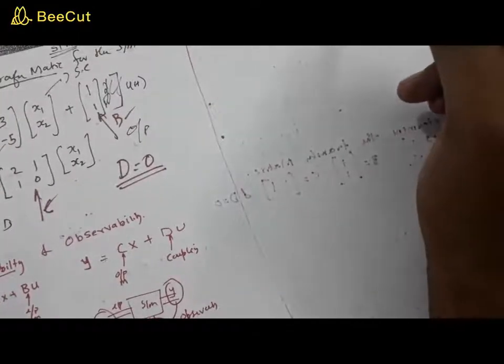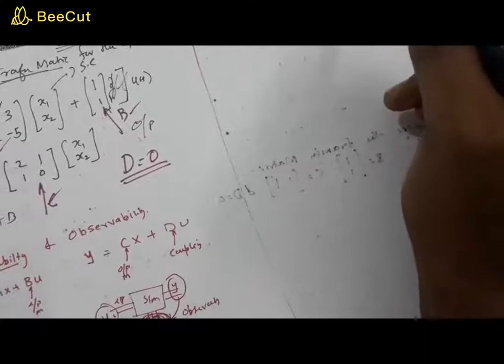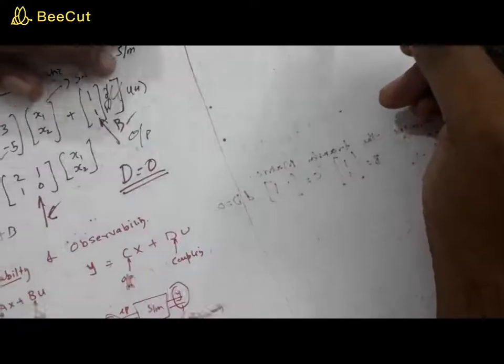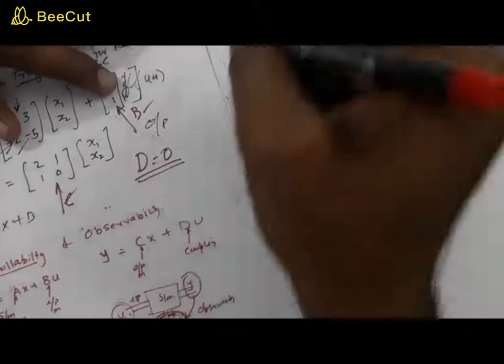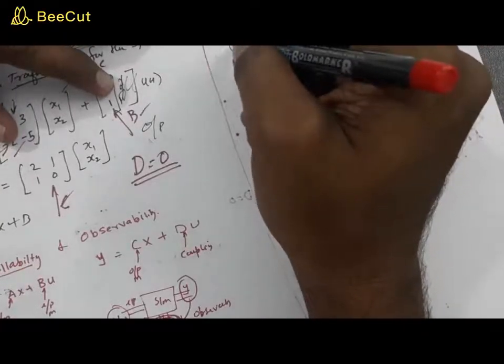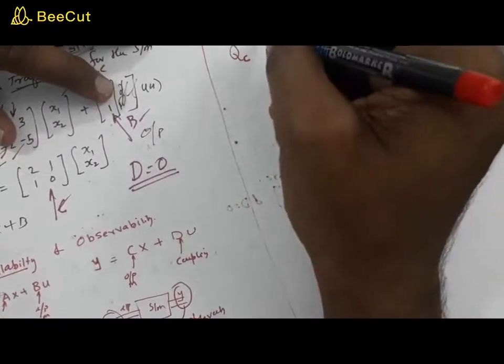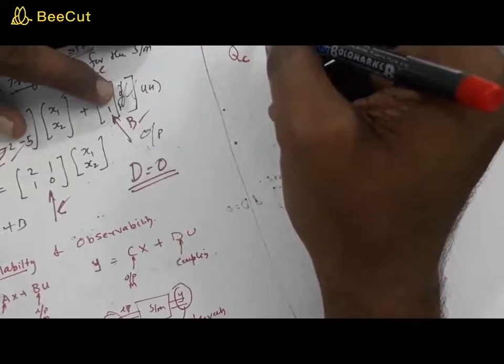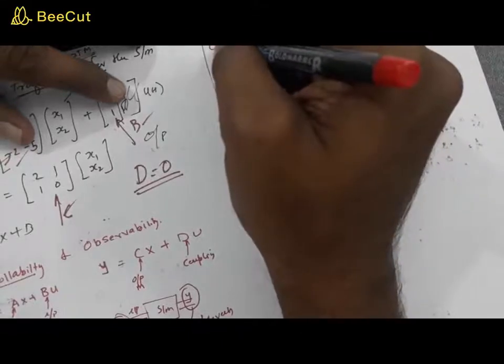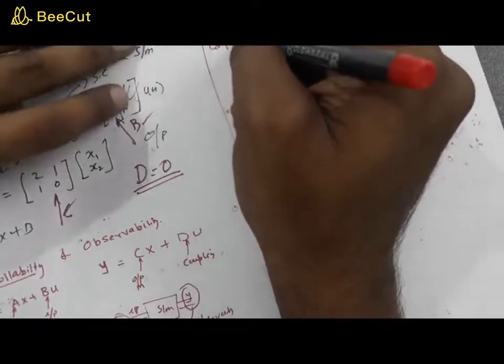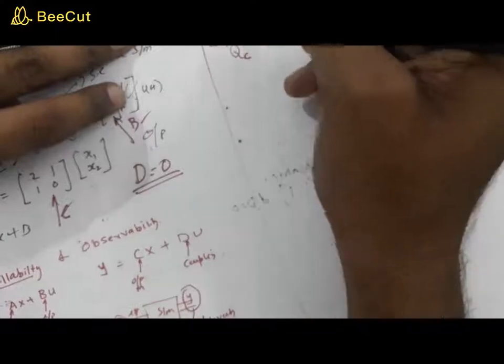That's what is important. Now consider a system with the state equation, which we have already considered, with A and B. To check the controllability, you have to develop a composite matrix called QC.